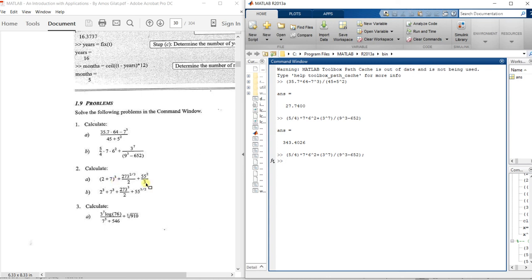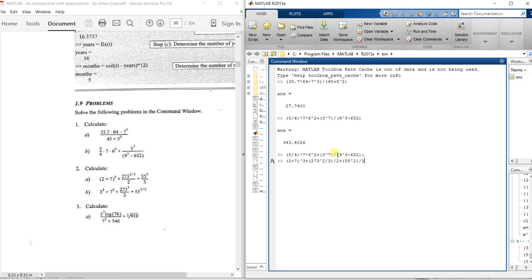The first is 2 plus 7 whole power 3, plus the numerator and denominator, so 273 as one term power 2 by 3, and divide with 2 plus 55 square and divide with 3.